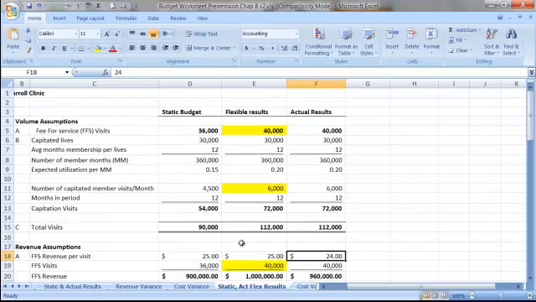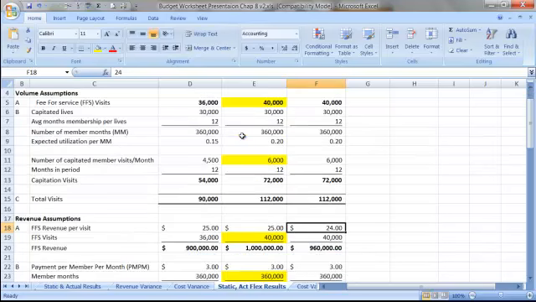So the only difference in the flexible budget is it's giving us our actual units used or visits made against what our standard cost would be in the static budget.